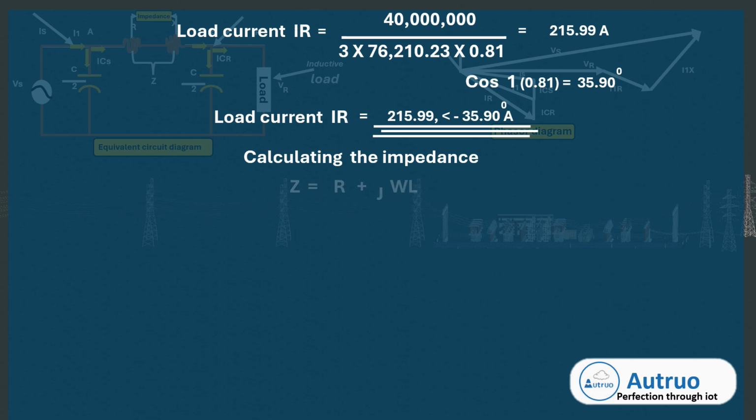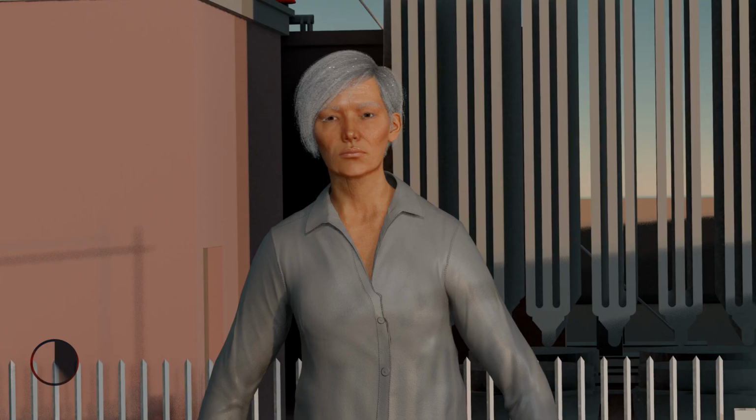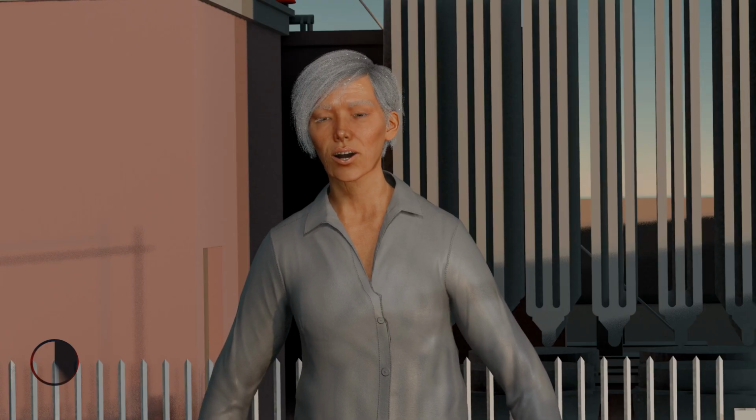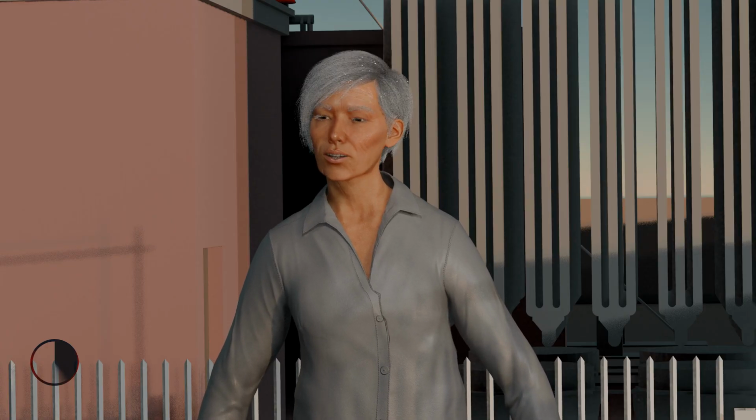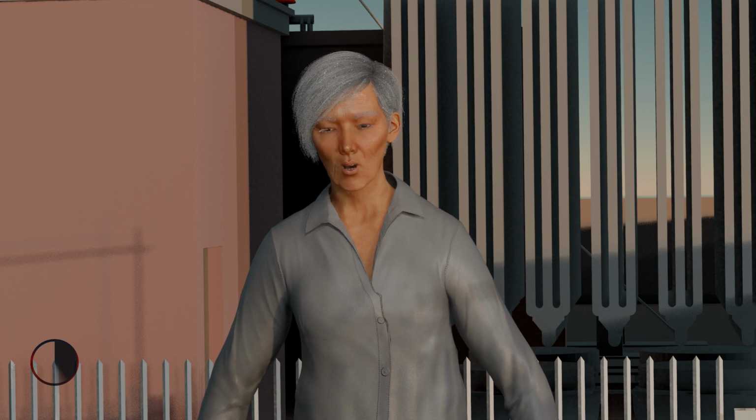That is, impedance Z is equal to 9 plus open bracket 2 times pi times 50 times 0.16 close bracket, which is equal to 9 plus J 50.26. And when converted from rectangular form to polar form, our answer is 51.05 ohms at an angle of 79.84 degrees. Likewise, the same calculation can also be done for admittance, just that this time, instead of considering inductance, we will be using capacitance.